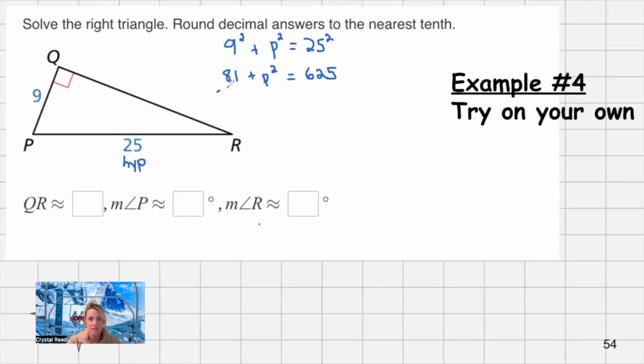Okay, 625, and then we're going to solve this. We're going to subtract 81 from both sides. Okay, we're subtracting that. And so then we have p squared equals 625 minus 81.